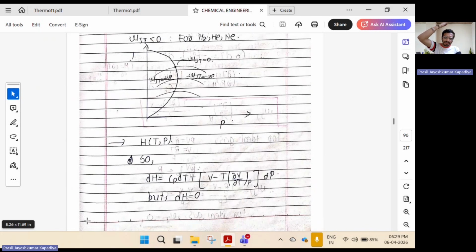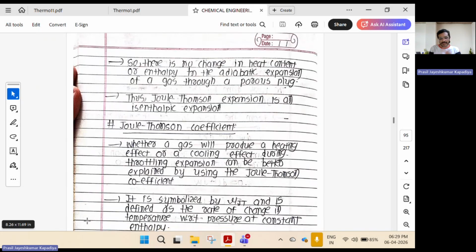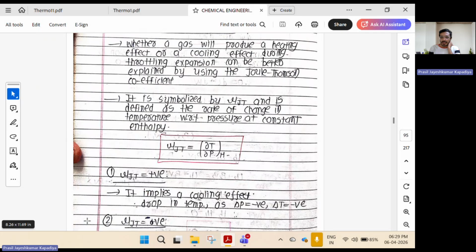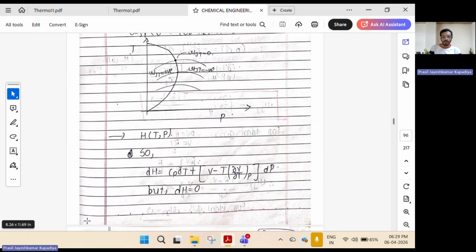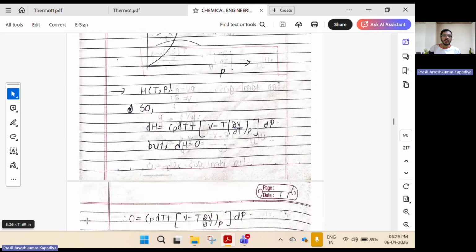So we defined the Joule-Thomson coefficient as del T by del P at constant enthalpy. I know that I can write enthalpy as a function of temperature and pressure, and we have derived this expression in our previous classes, where dH is equal to Cp dT plus V minus T del V by del T at constant pressure, times dP.